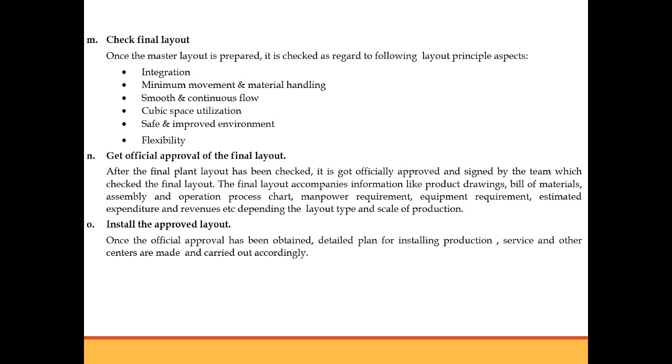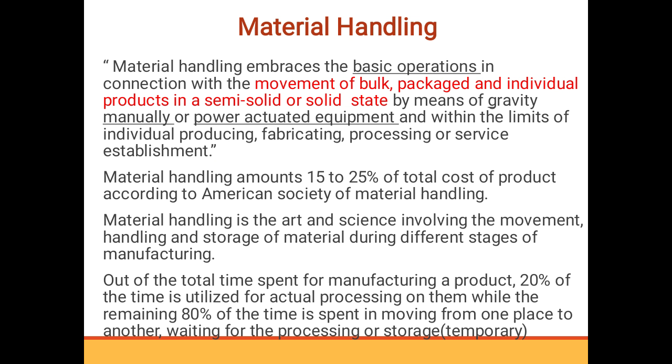Once the master layout is prepared, we have to check the final layout against the principles of layout such as integration, material handling, smooth flow, cubic space utilization, safety of working environment, and flexibility. In line with the design principles of the plant, we have to check the final layout. Then we have to get approval and install this approved layout.